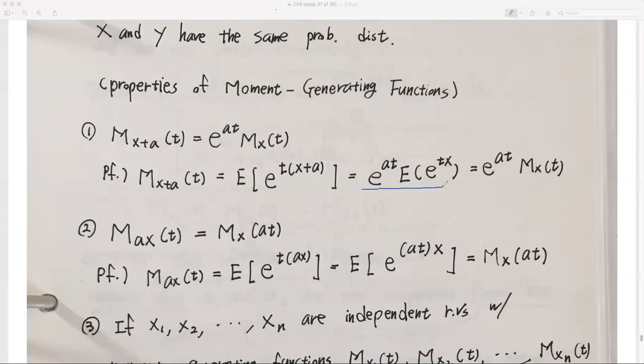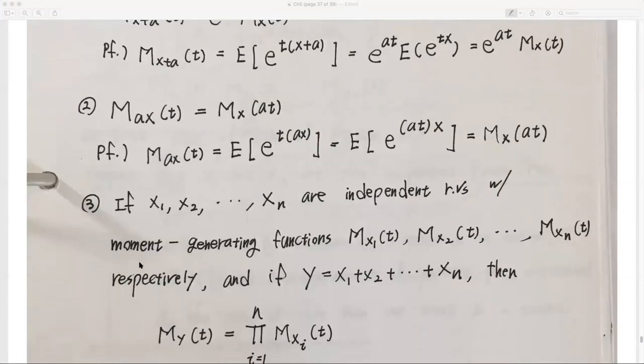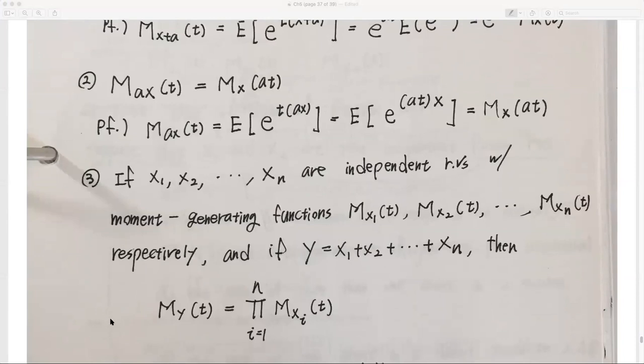But the expected value of e to the t X, what is this? That's the moment generating function of X, right? Now the next one: M of aX is equal to M sub X of a times t.